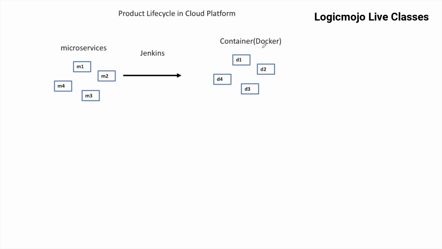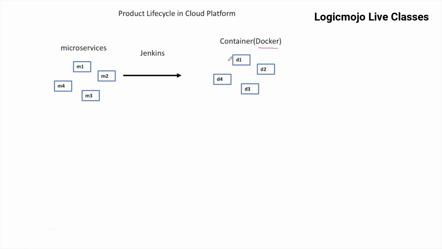And here we have Docker. Docker is nothing but a tool designed to make it easier to create, deploy and run applications by using these containers. Please note that in this process we create Docker images. So how do we create the Docker images?